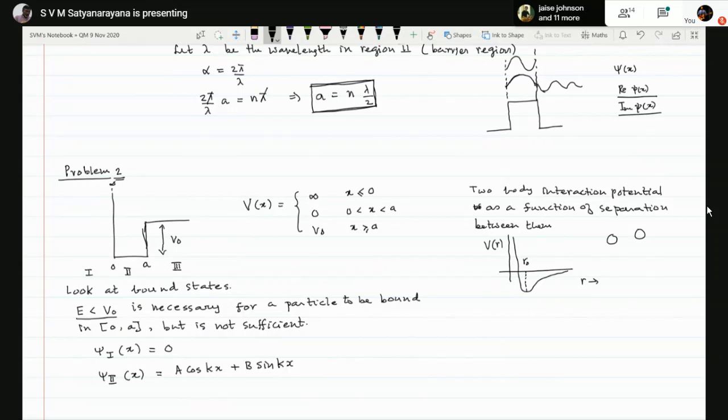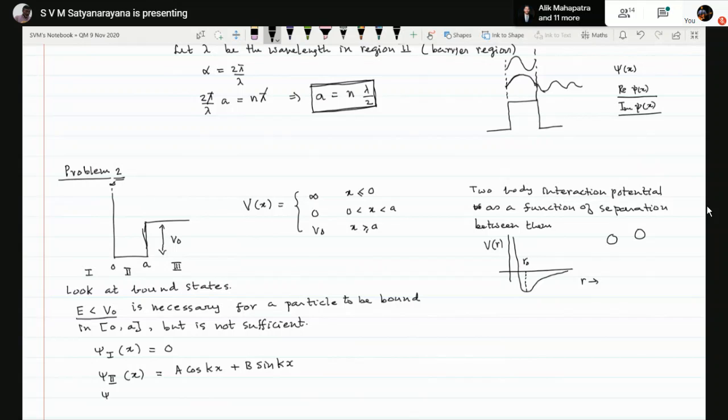These are equivalent. But whenever we talk about bound states, it is mathematically convenient to write it as cos kx and sin kx. Whenever we are using scattering states, it's convenient to write it in terms of e to the power ikx and e to the power minus ikx.